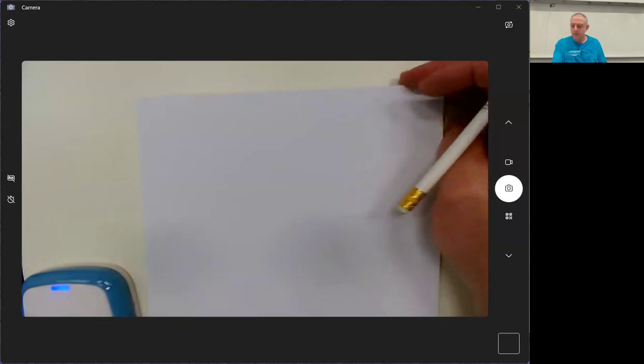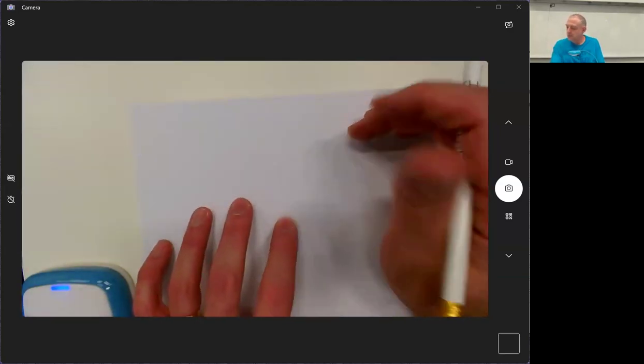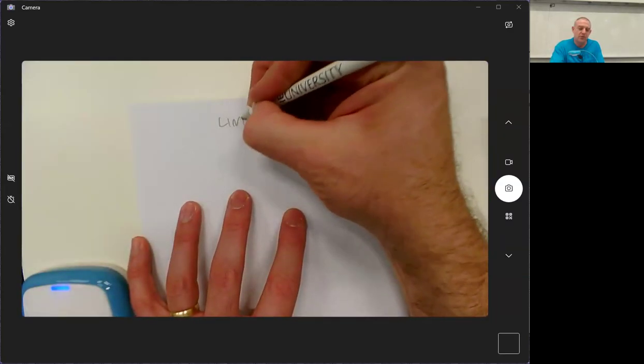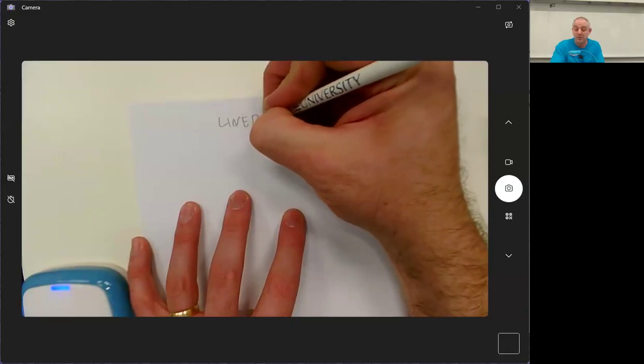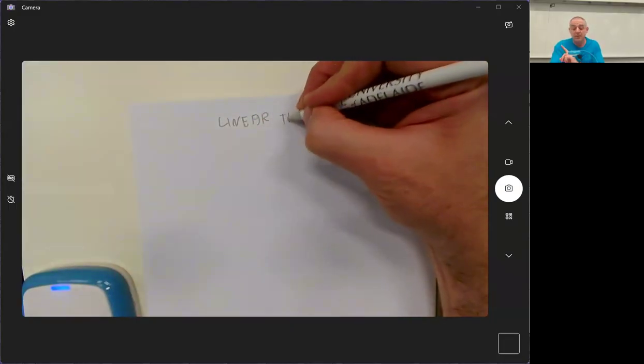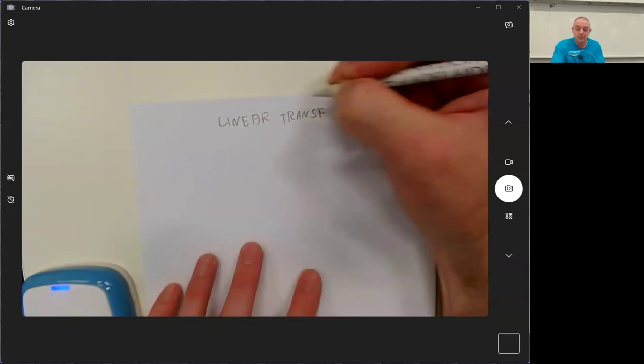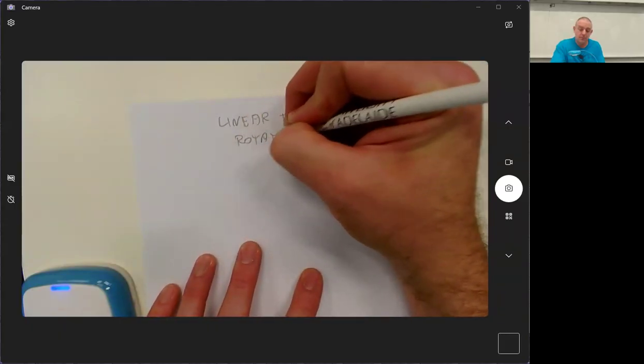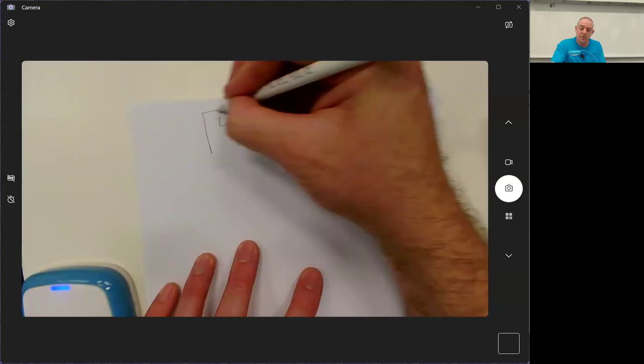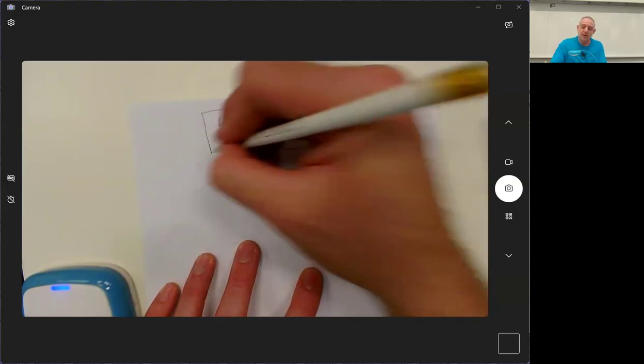Might talk a little bit about linear transformations. This one should take about 10 minutes. The specific question I had. I'm very much hoping that this is the question that I had.